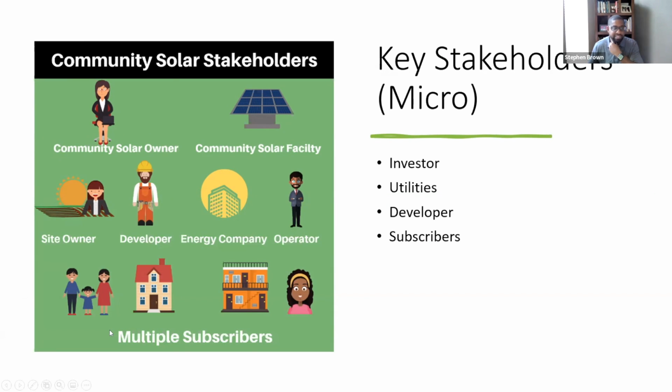You have the facility itself. You have the property owner whose land it is going to be on. You have a developer, energy company, or utility, or retail electric provider. That is left to be defined based on where you are, which market you're in. You'll have an operator, someone responsible for actually operating and maintaining the site. And then below here, you're going to have your families who will be subscribed into the asset.